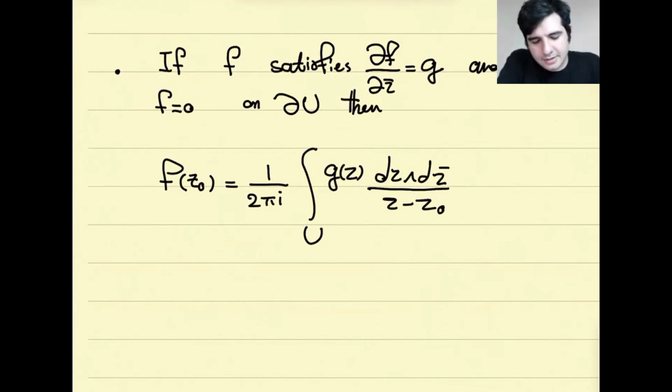But the question is kind of the other way around. I should prove there is a function f that satisfies this equation. I'm saying if there is a function f satisfying this equation and zero on the boundary, then that function is given by this formula. You see, this is kind of like doing reverse engineering.